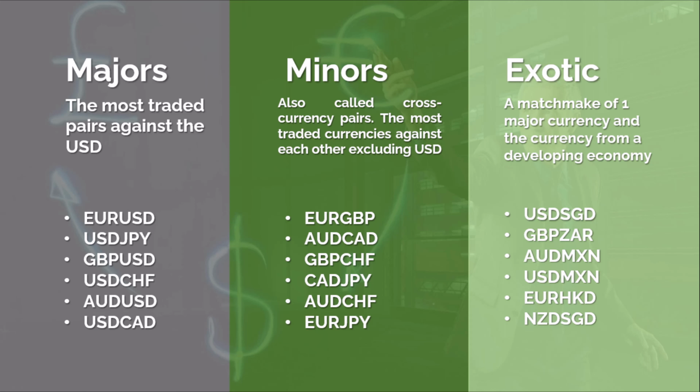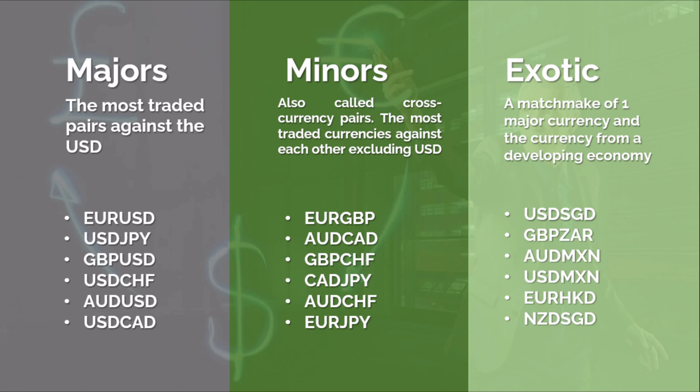For example, if USD is quoted against Euro, JPY, GBP, CHF, AUD, NZD, or CAD, those are currency pairs that are most traded in the financial market. And when you have them against USD, it is a major pair. So it is important to note that the major pair has USD in it.